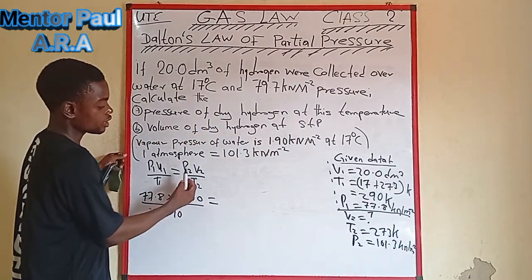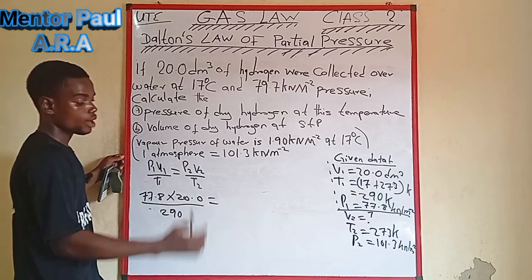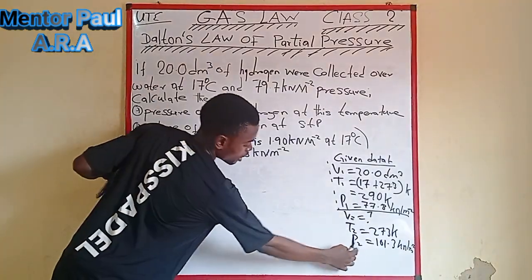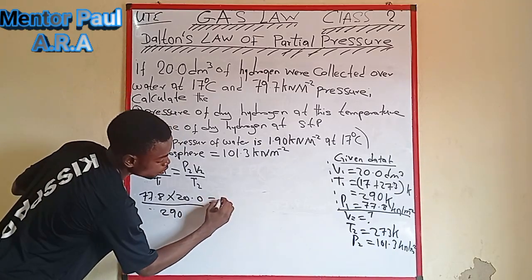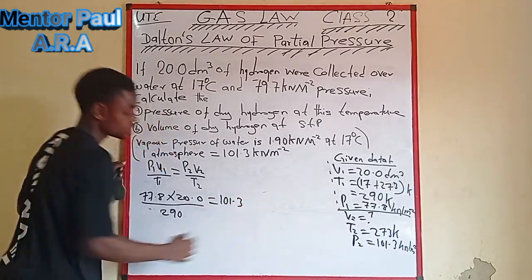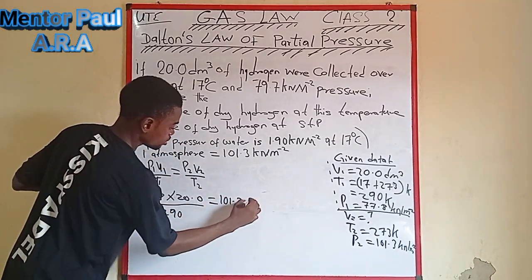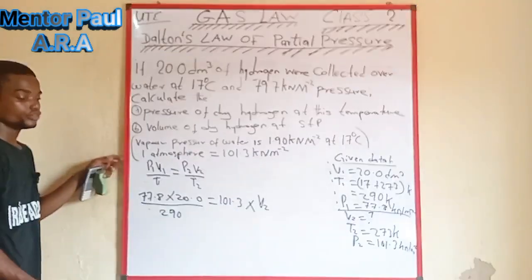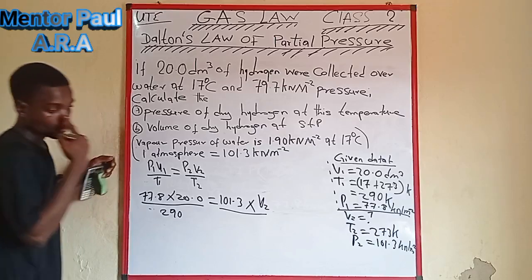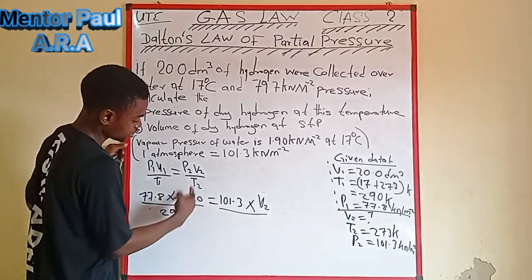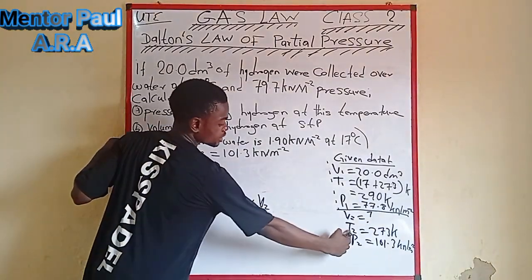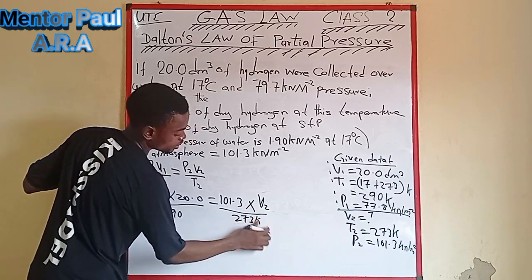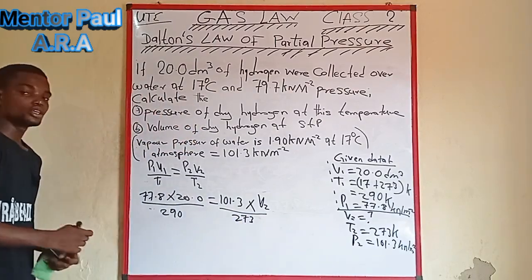Now again, for the standard temperature and pressure, we are looking for V2. The standard pressure is 101.3, and it's going to multiply V2, which is unknown. We don't know V2. We divide by T2, which is the standard temperature, 273 Kelvin. Don't put the unit when solving.